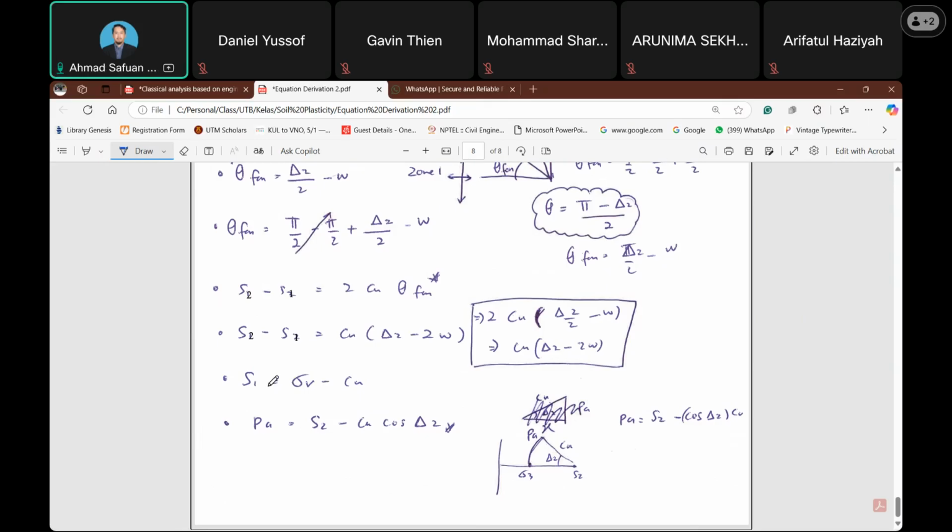Then we obtain S1 is equal to effective stress minus Cu. So for the PA, it is equal to S2 minus Cu delta 2.